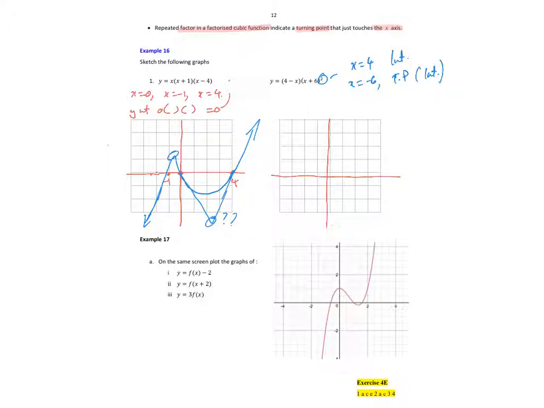Yeah, and then if I put the y-intercept, x equal to 0, I'm going to get y equals 4 minus 0 times 0 plus 6 squared, which is 4 times 36, which is 144. So up here somewhere.